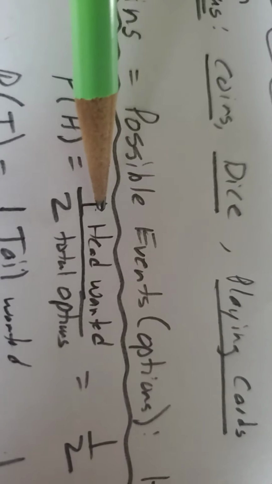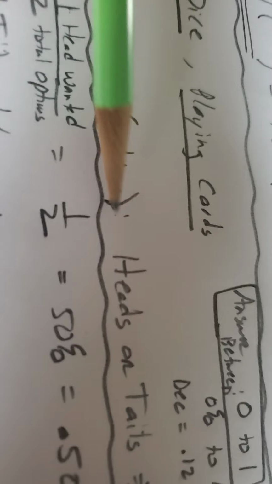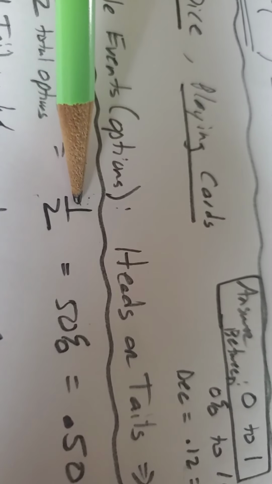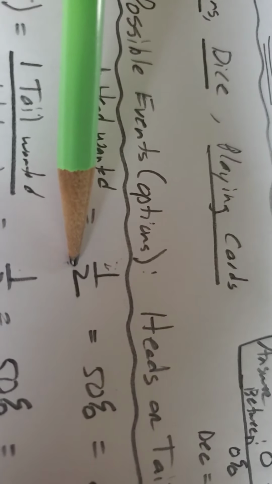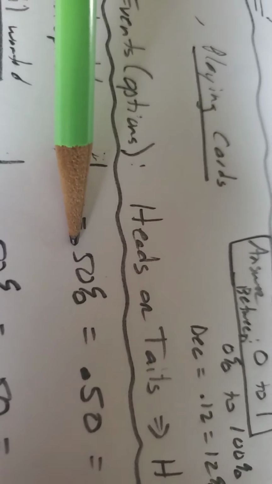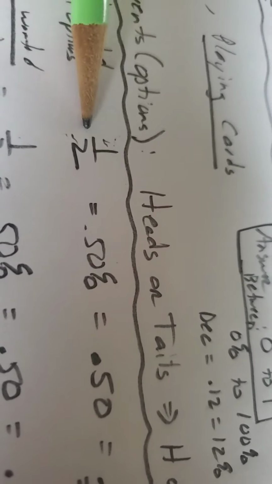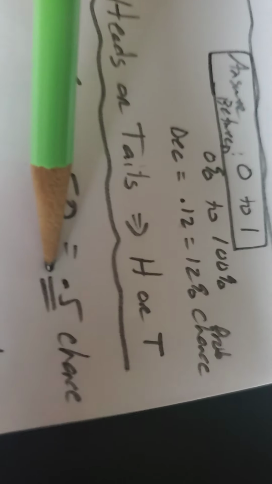Well, there's only one head on a coin. There are two possible options, heads and tails. So your fraction is 1 over 2. There's one chance of getting a head, but there are two possibilities, heads or tails. So that's why, as you know, heads is a 50-50 chance or a 50% probability: 1/2, 50%, or 0.50 or 0.5.